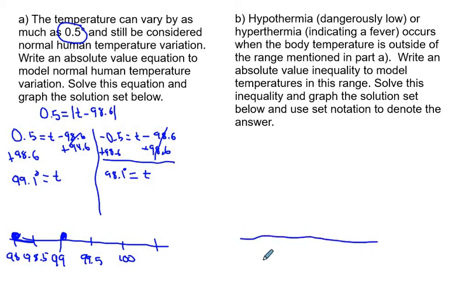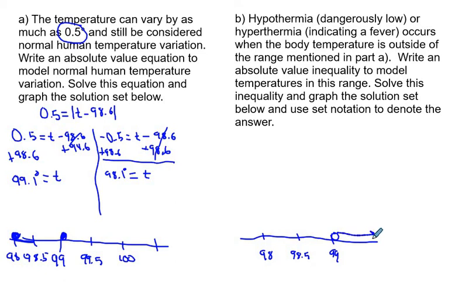If I take a look at this visual that I have over here, 98, 98.5, 99, and I take 99.1, I'm going to use an open circle because remember 99.1 is considered acceptable.